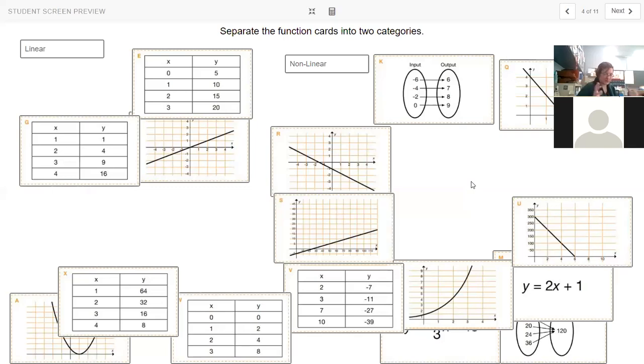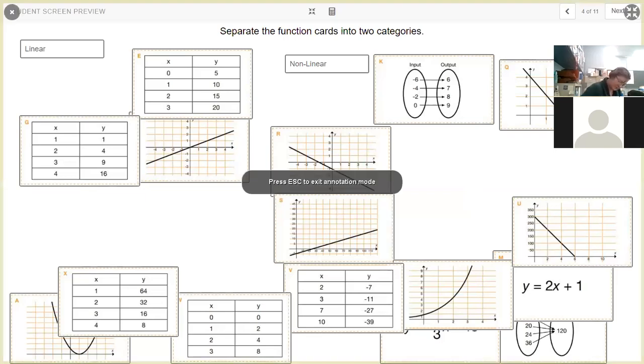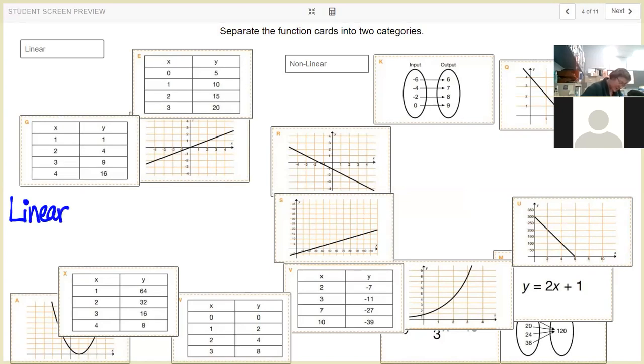So you want to get them into linear and not linear. And my hint for you is in order to be linear, that means that it has a constant rate of change.